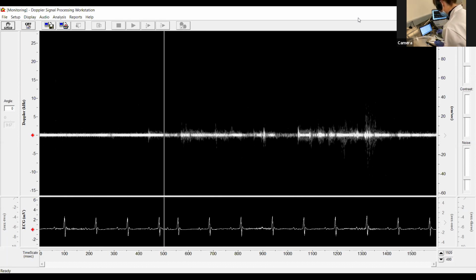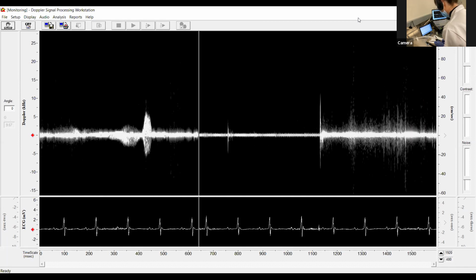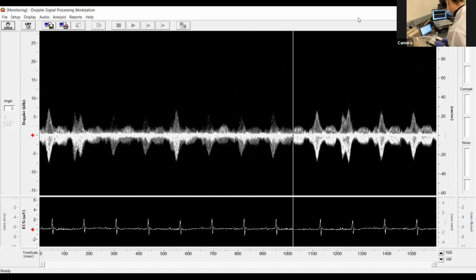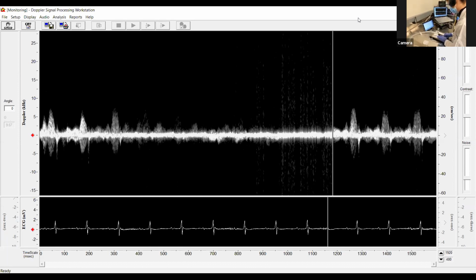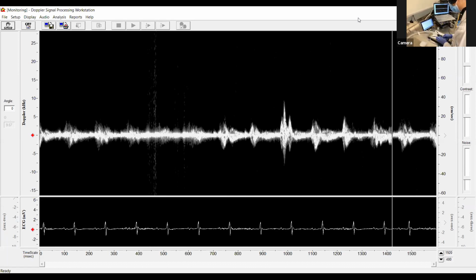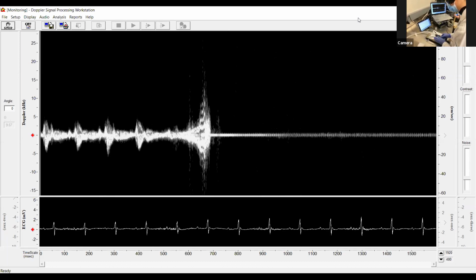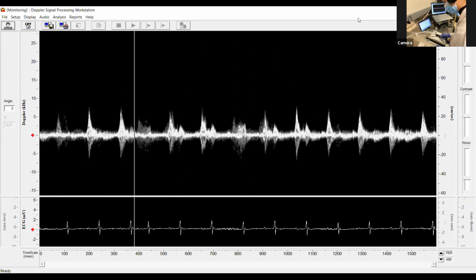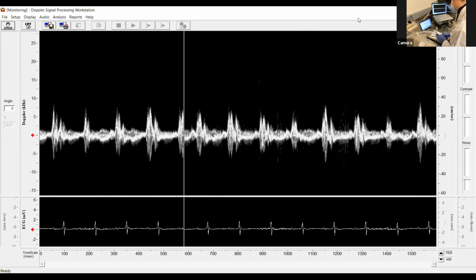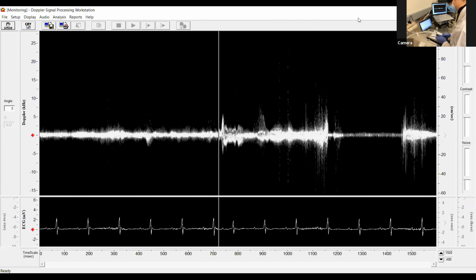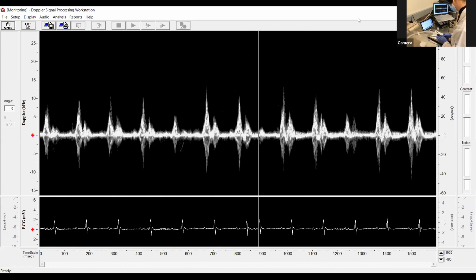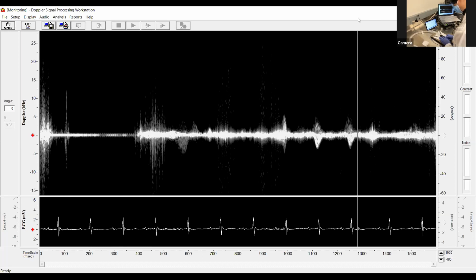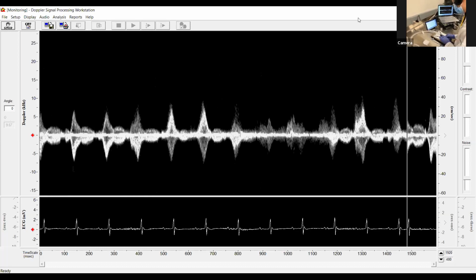Okay, so there's different flows that we're seeing, and you can probably hear through my microphone the traditional sound of the Doppler flow.